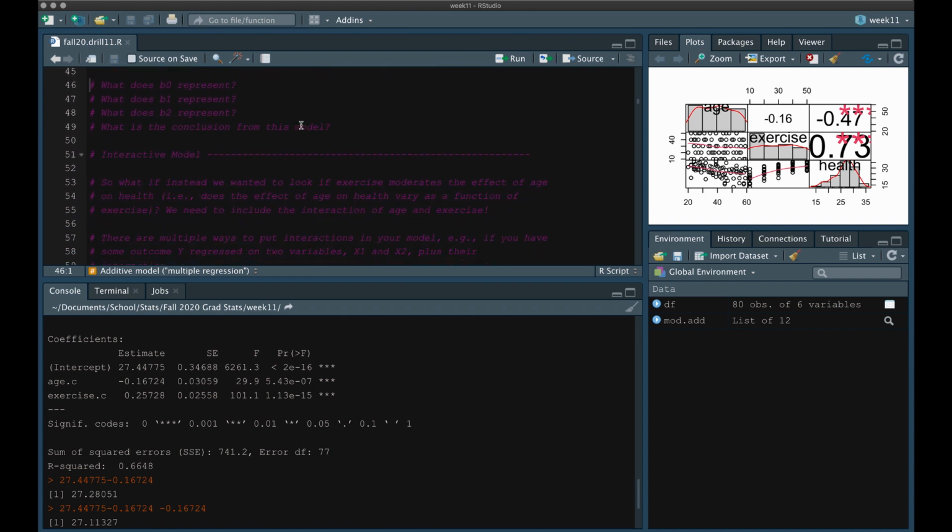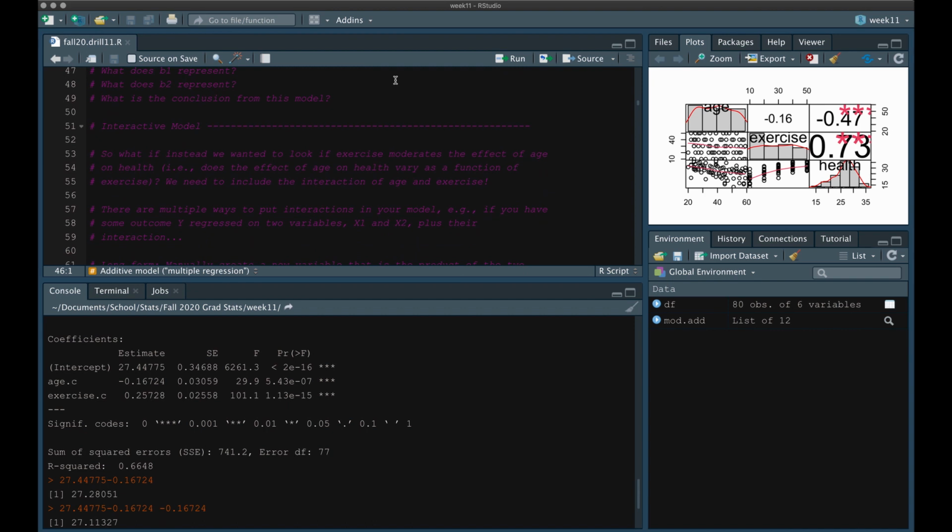If we wanted to instead look at whether exercise moderates the effect of age on health, that's another way of saying: we know, unsurprisingly, that your health goes down as you get older, but we want to know whether that is conditional on the amount that you exercise.